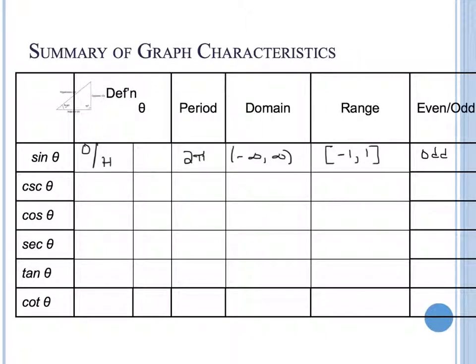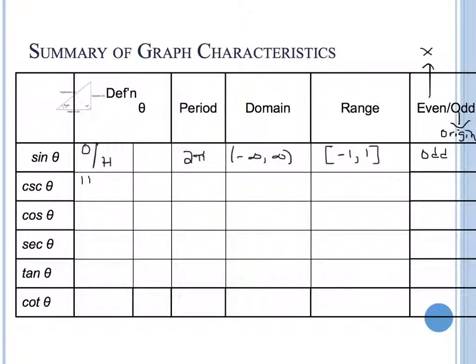Even is when it's reflected about the y-axis. Odd is reflected about the origin. There we go.